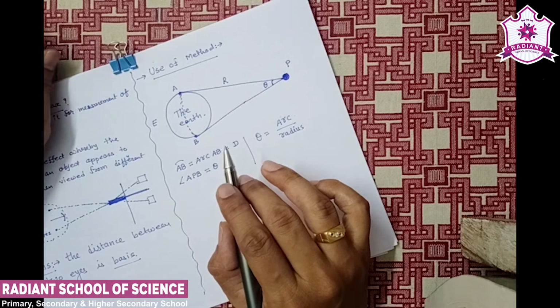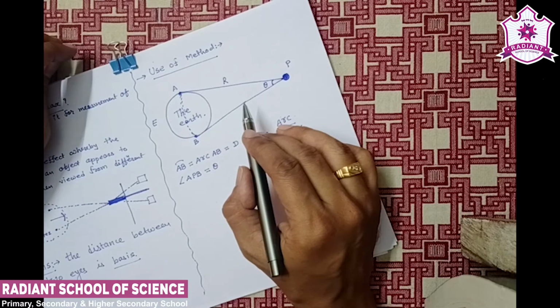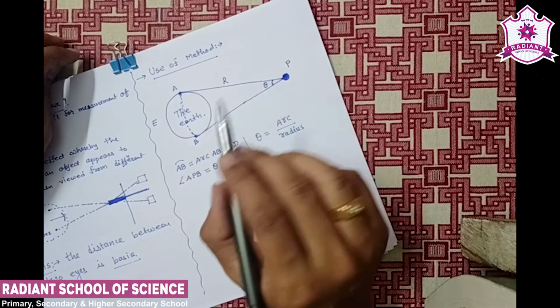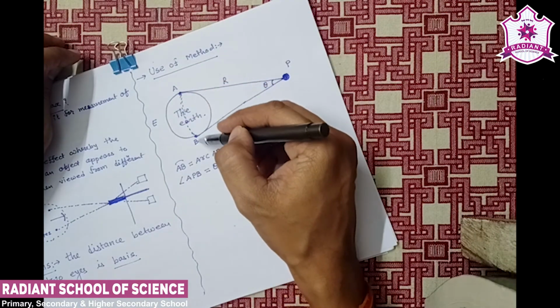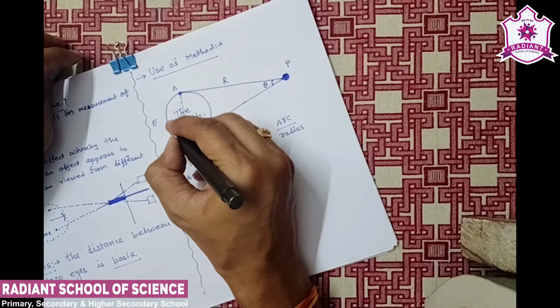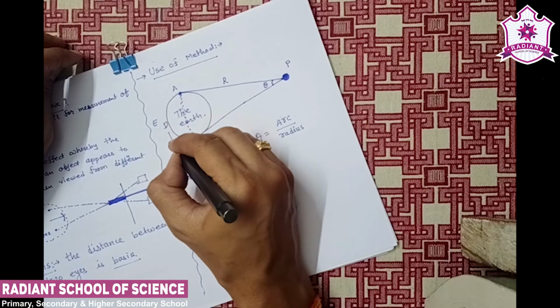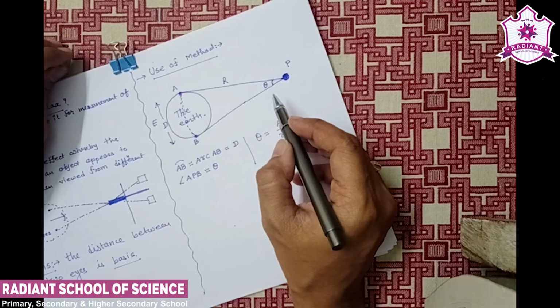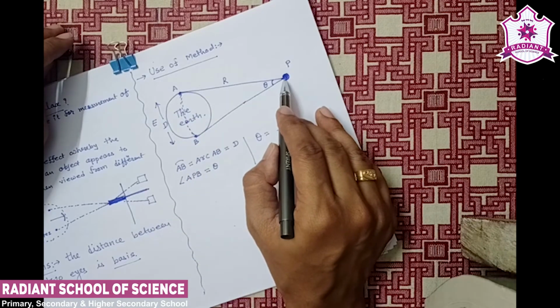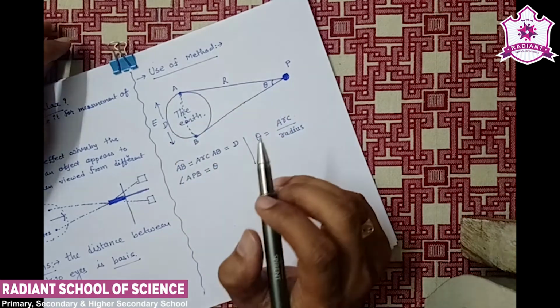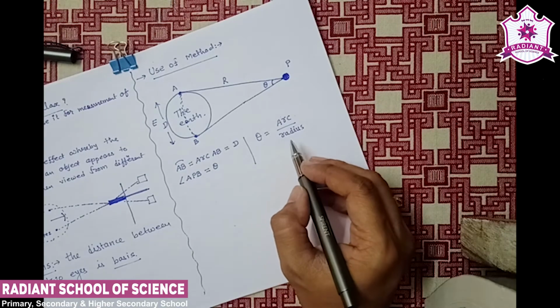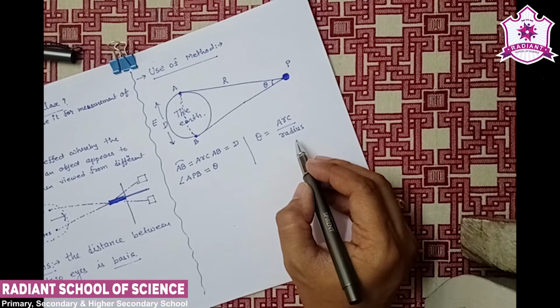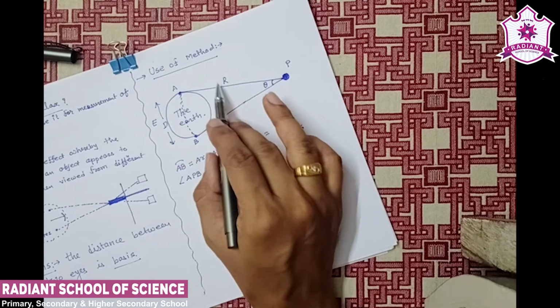So what we will do, we will measure this distance r with the help of this known value, that is D. D is a known value between A and B, and the angle formed by the telescope at point P through A and B. So theta is known, arc is known, so we can get the radius r.